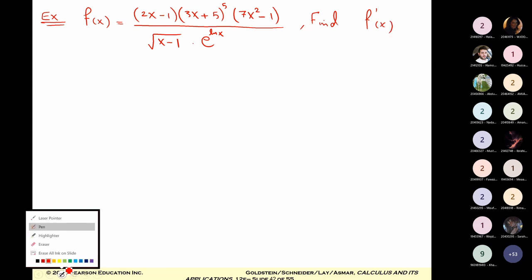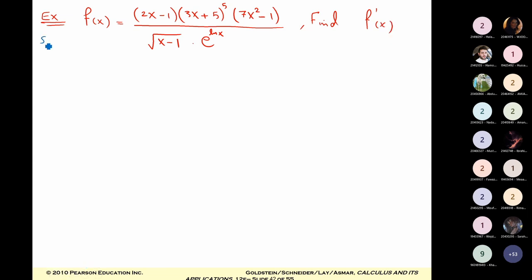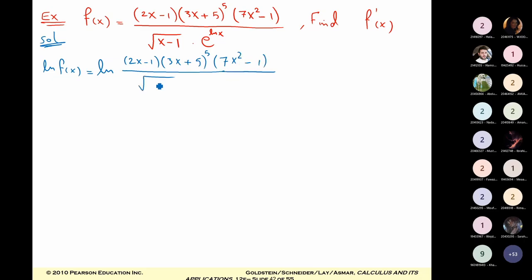The solution: take the ln for both sides. So we have ln f of x equals ln of this one: (2x minus 1)(3x plus 5) to the power 5, (7x squared minus 1) over radical x minus 1, e to the power ln x.